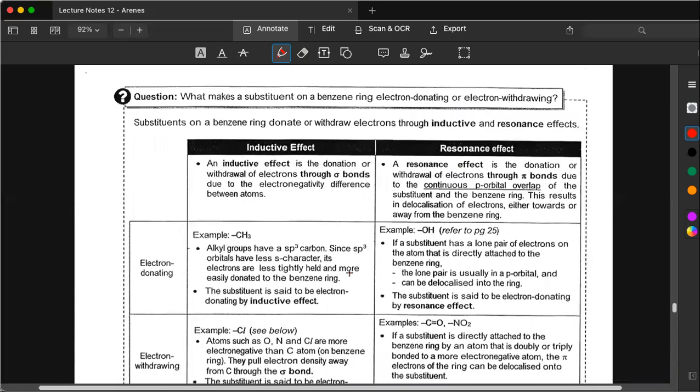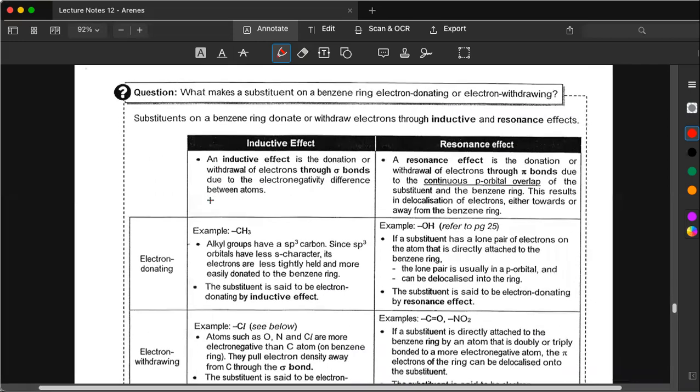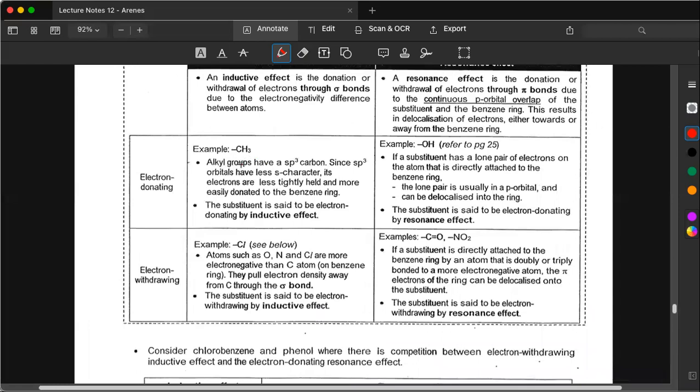Now, the substituent on the benzene ring donate or withdraw electron through inductive and resonant effect. So inductive effect is the donation or withdrawal of electron through sigma bonds due to electronegativity difference. For example, CH3, alkyl groups have an sp3 carbon.